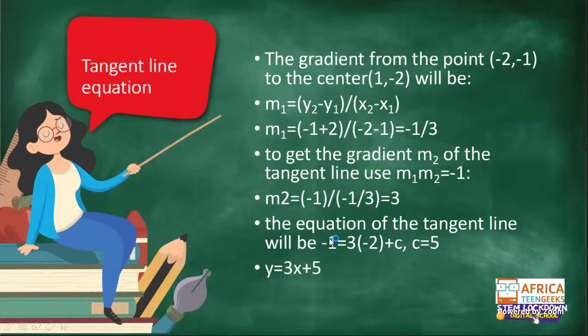Therefore, you substitute y here by -1, which is equal to 3 times -2 plus c. And you're going to see that c here is equal to 5. And the equation of the tangent here will be y = 3x + 5. So that will be the equation of the tangent.